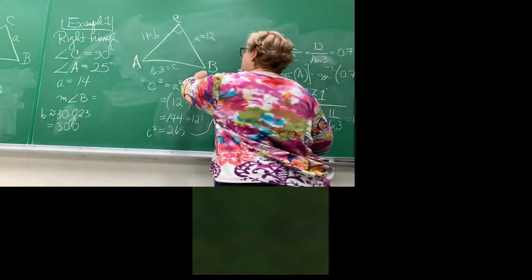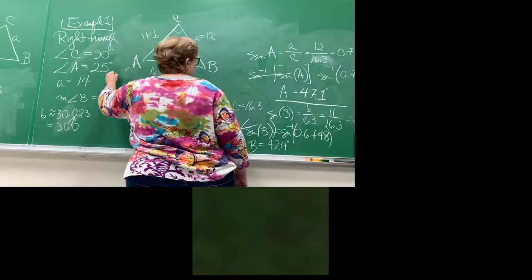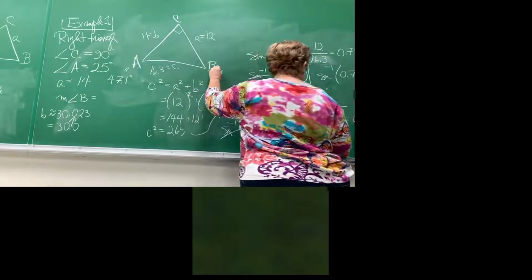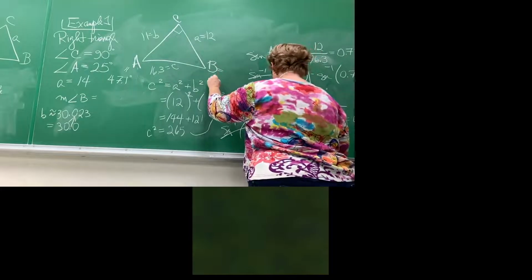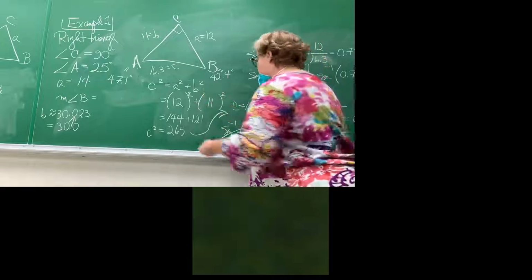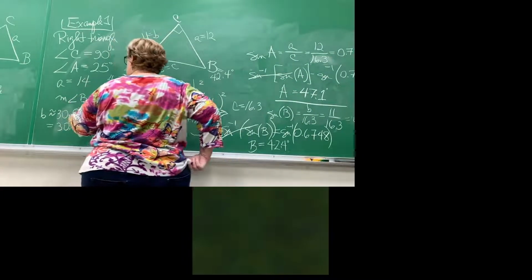It comes out to 89.8, so it's 0.2 off. We need to go further. Oh, that's okay. So we found that angle A was 47.1 degrees, that angle B is 42.4 degrees. And how did you check, Corey? We got it together. Good.